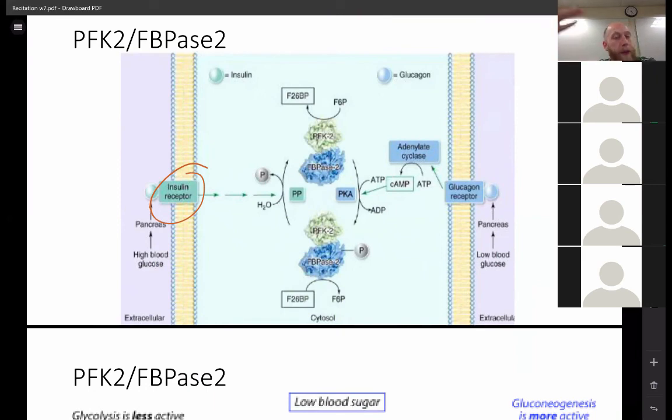Whereas if the cell has a lot of energy and doesn't need all the energy that is around, or I guess the best way to put it is you have energy, but you need more energy.